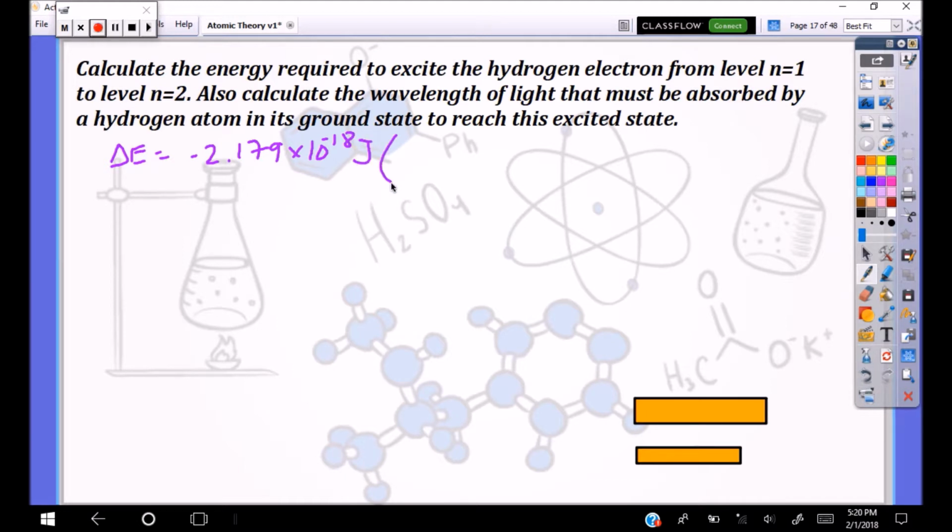And we know that our final is going to be 2, so 1 over 2 squared minus 1 over 1 squared. We do the math, we're going to end up getting a positive number here.